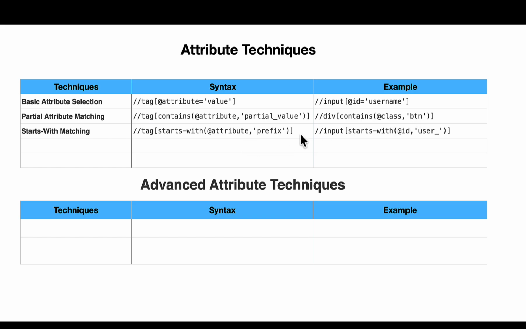But if you want to be specific with the prefix, this is the syntax: the tag, then starts-with in brackets, @attribute, comma instead of equal to, and then whatever the start is. For example, find the input tag which has an id attribute that starts with user underscore, and it will fetch those matching elements.